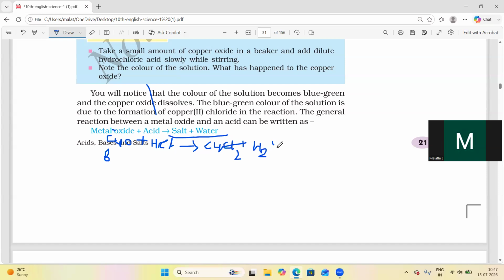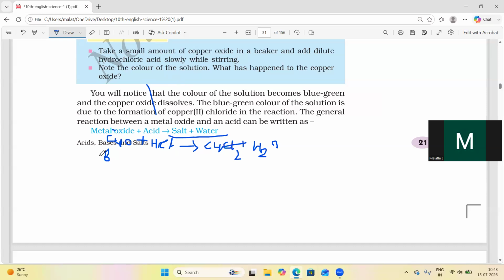What happened to the copper oxide? When you add hydrochloric acid HCl to copper oxide, you get copper chloride. Is there any color change? Note the color of the solution.